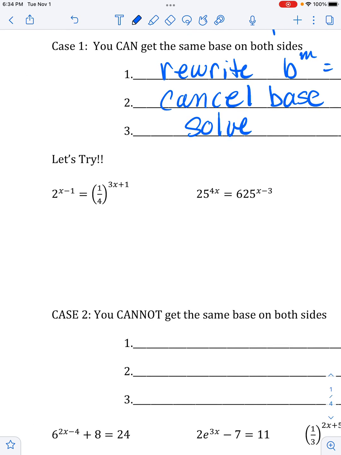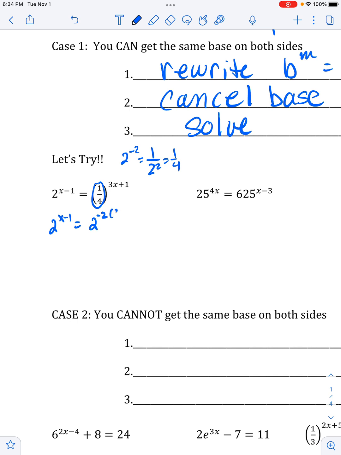So here I see this and I go, okay, this is 2 to the x minus 1 power. 1/4 can be rewritten as 2 to the negative 2 power. I haven't added anything or subtracted anything from the problem. I just rewrote that because 2 to the negative 2 goes 1 over 2 squared, which becomes my 1/4, which hopefully by now you just know and we're not trying to learn.